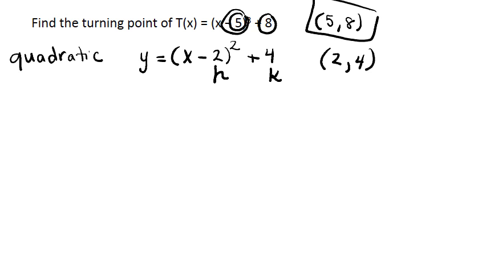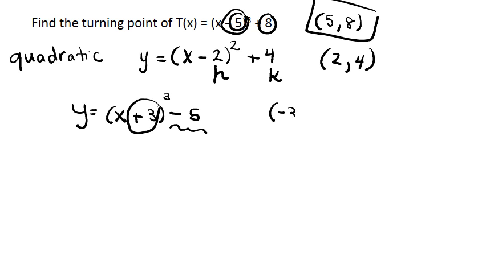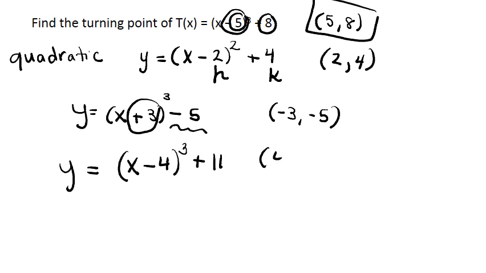Okay, if we had something like (x plus 3) cubed minus 5, remember it's the opposite of this, and then this one like it is. So this would be (negative 3, negative 5). If we had y equals (x minus 4) cubed plus 11, that would be (4, 11).